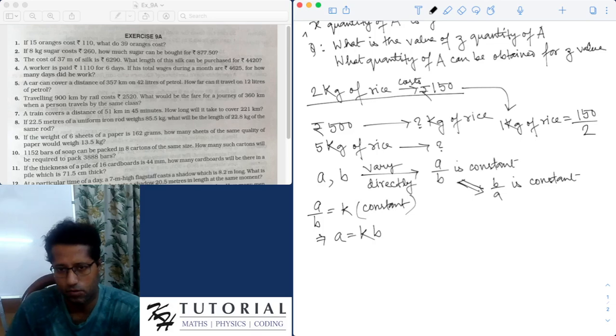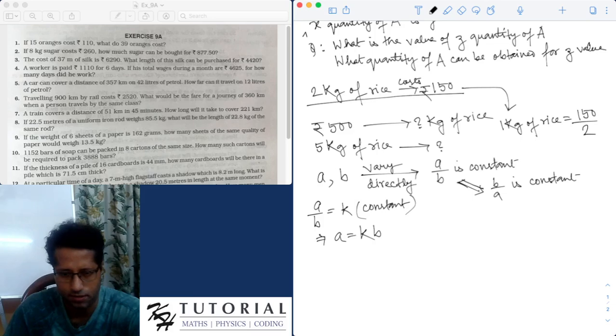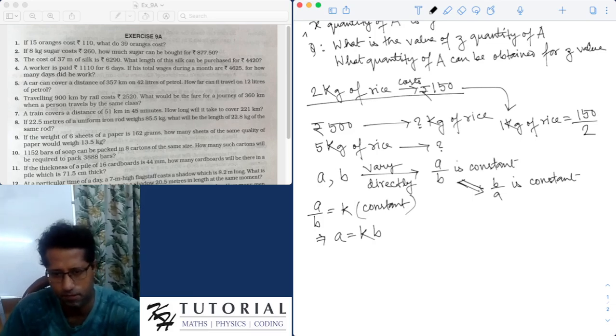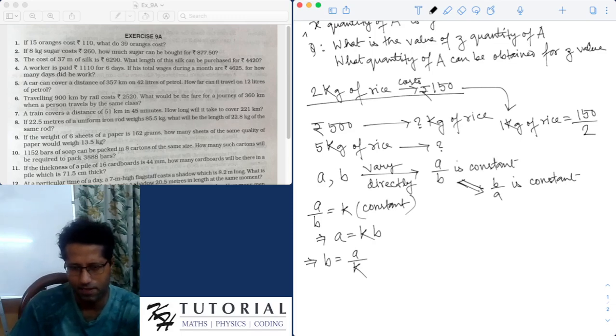Now, if you are increasing A, from A by B equals K, a constant, we can say that A equals K by B. We can also say that B equals A by K. From the equation B equals A by K, we can say that if A is increasing, 1 by K is constant.